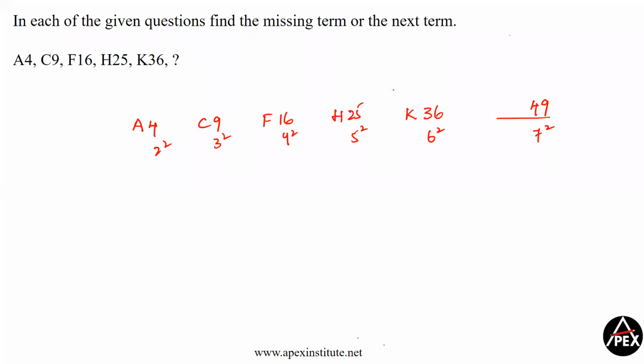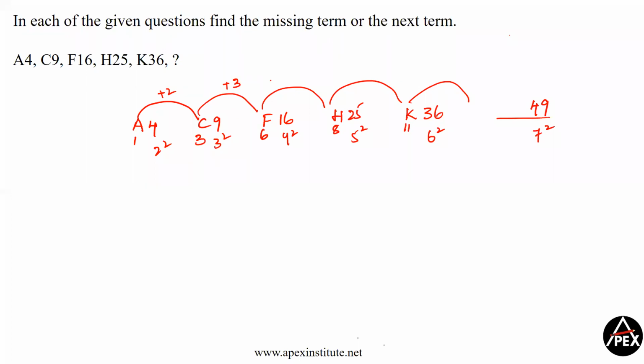Now I will come to alphabets. So A, C, F, H, K. F is 6. Sorry. So 1, 3, 6, 8, 11. So C plus 3 is 6.